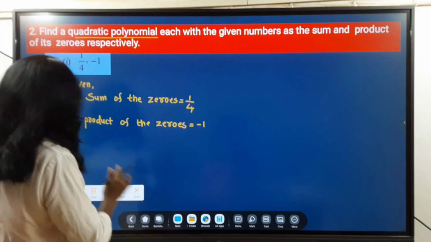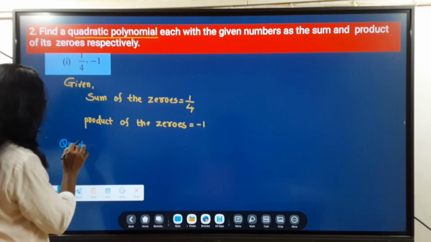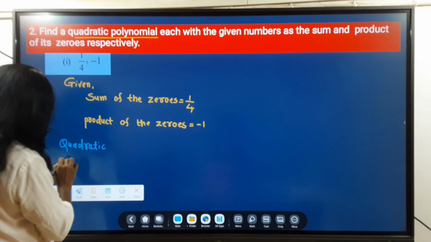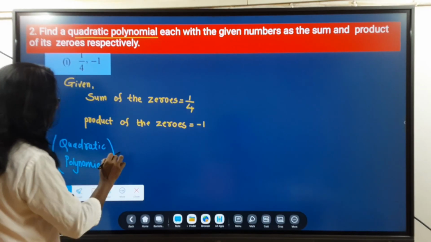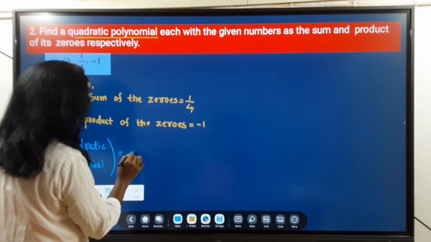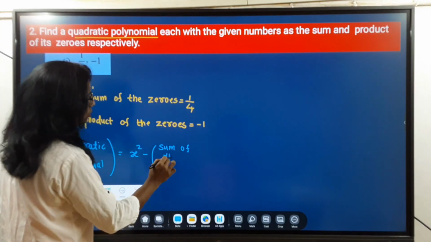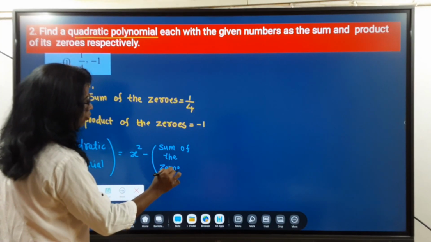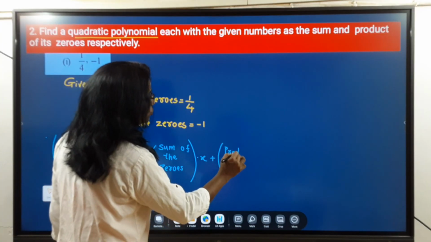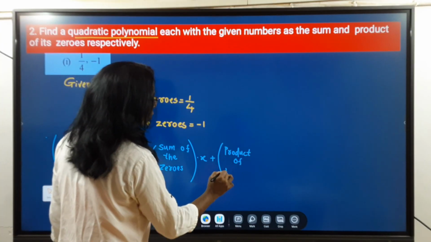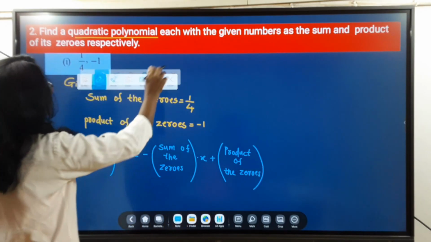There is a formula for the quadratic polynomial students, and that formula is that quadratic polynomial is equal to x square minus sum of the zeros multiply x plus product of the zeros.